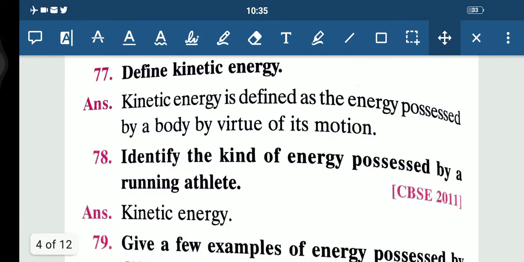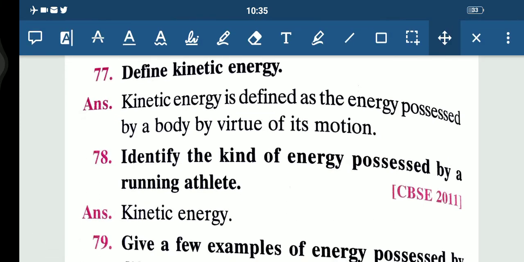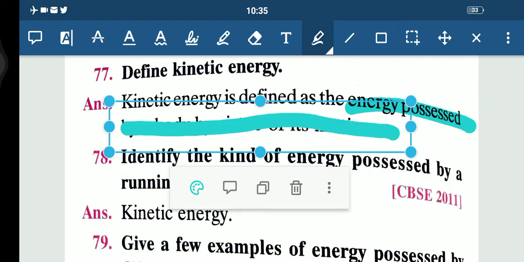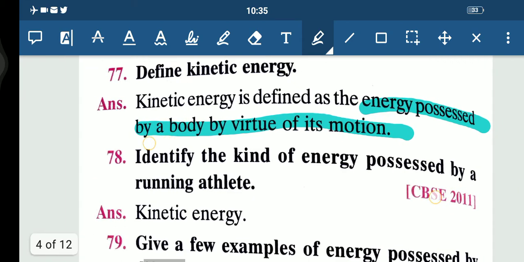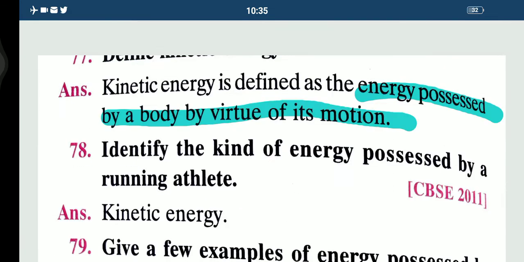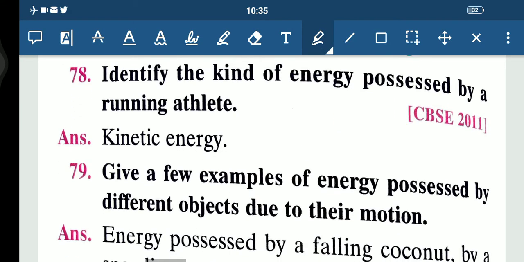Next they are asking define kinetic energy. So how will we define it? Kinetic energy is defined as the energy possessed by a body by virtue of its motion. Now they are asking identify the kind of energy possessed by a running athlete.